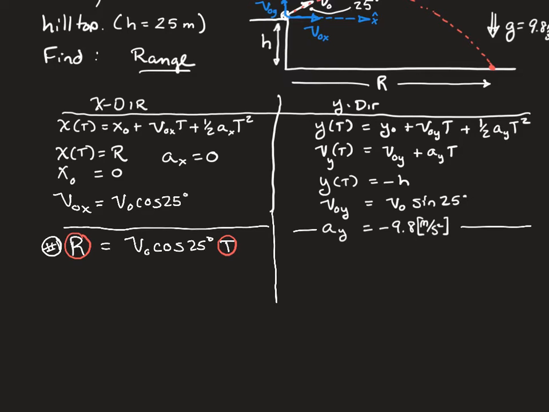Over here in the y direction, I fill in the things I know. So I'll have minus h equals v naught sine 25 degrees times time minus 1/2 g t squared. I'll just use the symbol g instead of the 9.8 just since it's easier.